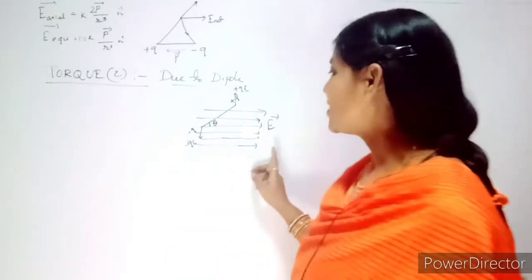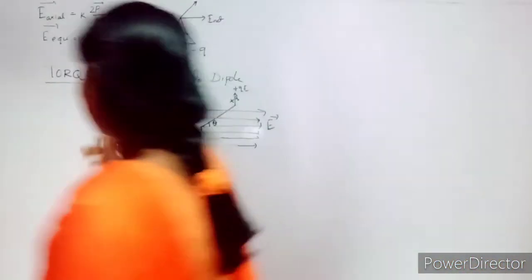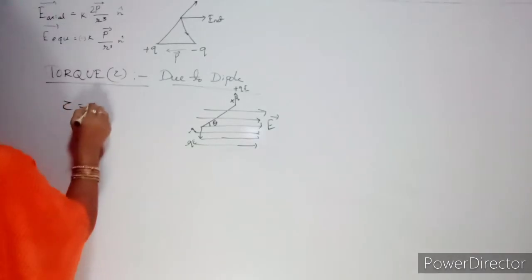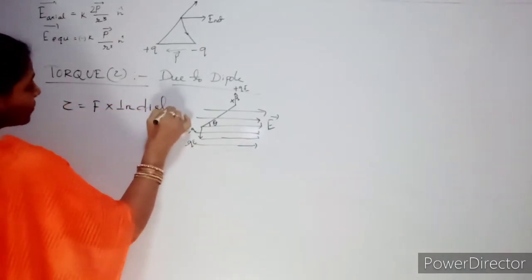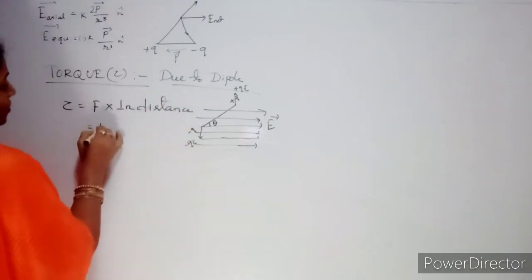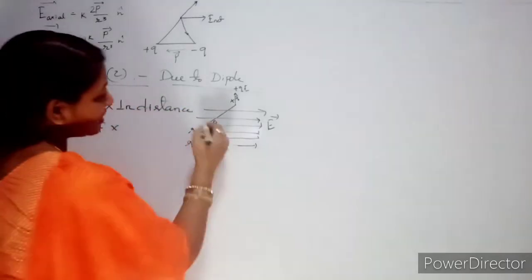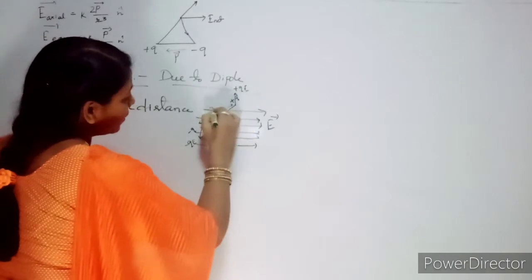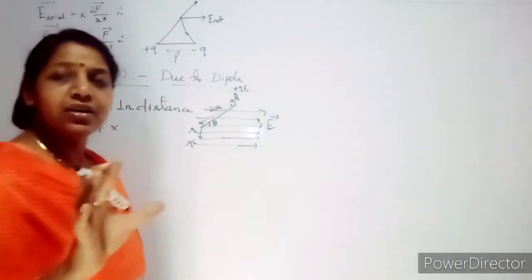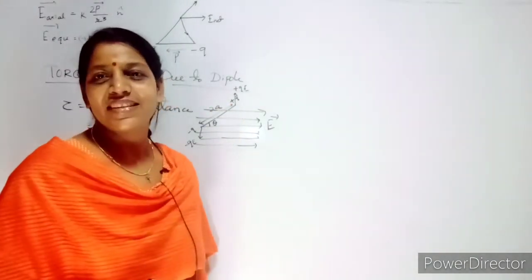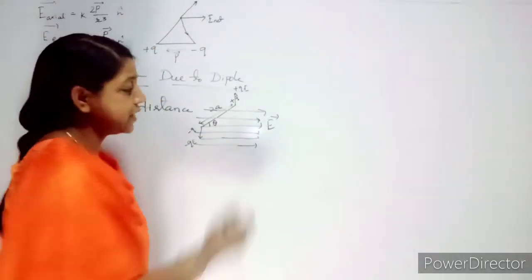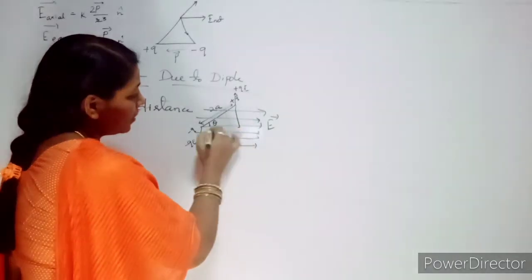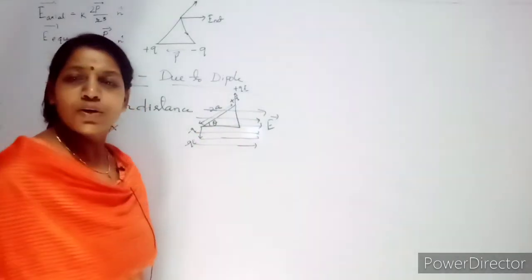Clear? So your torque, what is the definition I told? Torque equal to the product of force into perpendicular distance. Fine. So F into, what is the perpendicular distance? You know already, the distance between the two charges of a dipole is nothing but 2a. If it is making angle theta, now resolve the vector. What you will find? One will be the vertical component, other will be the horizontal component.